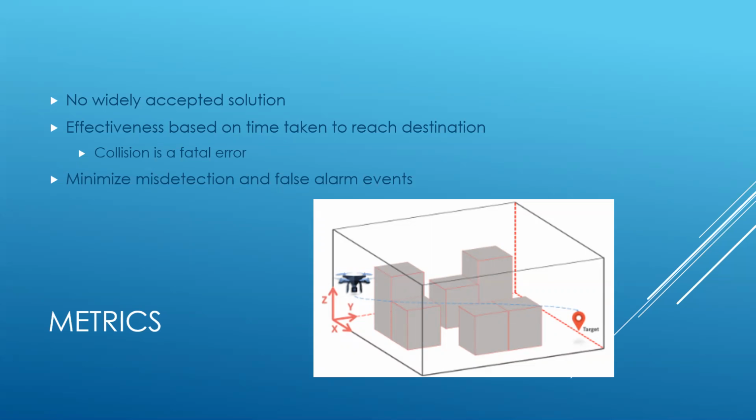A false alarm event is the case that the drone detects a critical case when it should not. The image attached depicts a simplified example of the problem. The drone must navigate within a three-dimensional space to reach the selected target while avoiding a variety of obstacles.